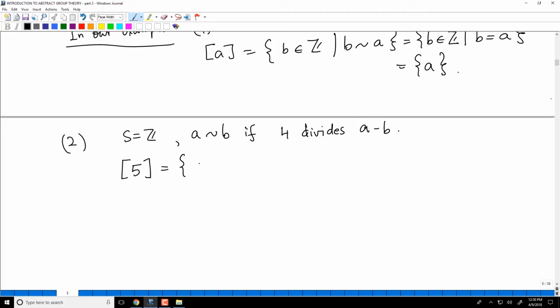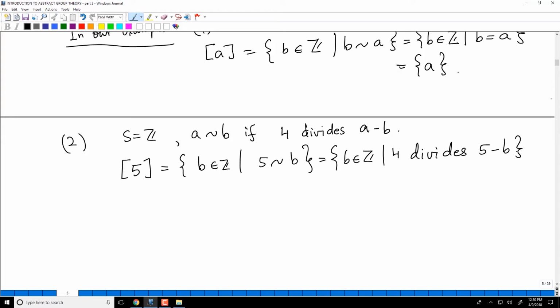These are all integers B such that 5 is equivalent to B. This is the same as writing B is equivalent to 5 because this equivalence relation has that property, right? So this is all integers such that 4 divides 5 minus B.